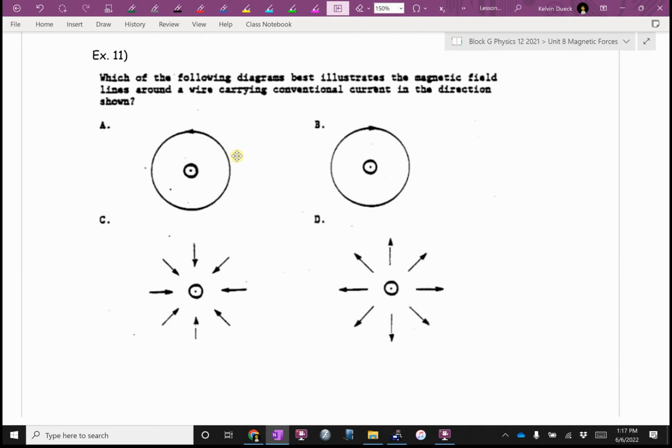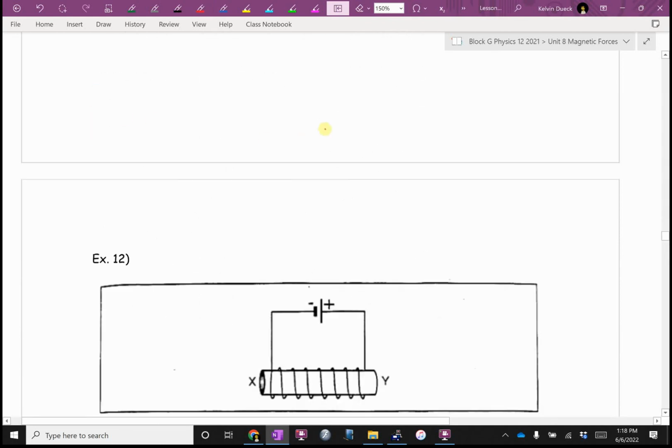So we would point our right thumb in the direction of the current. I guess this is the wire coming out of the page towards me. What is it? Gotta be A. No, A. Not O. A. Okay.